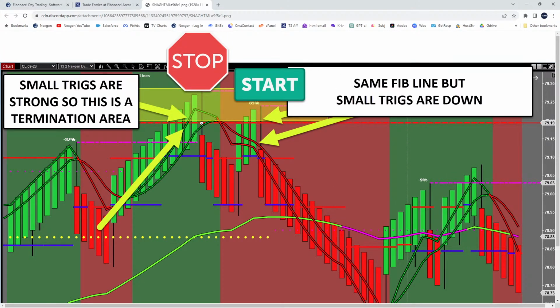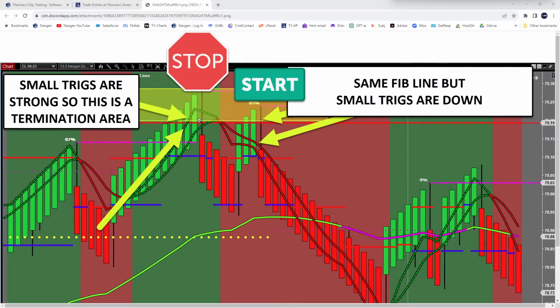There's a difference between an area where you might stop taking a trade or take your first profit and a termination condition that favors that area actually holding. So an area isn't just an area, but the condition of the triggers is going to tell you what you need to know about the area.